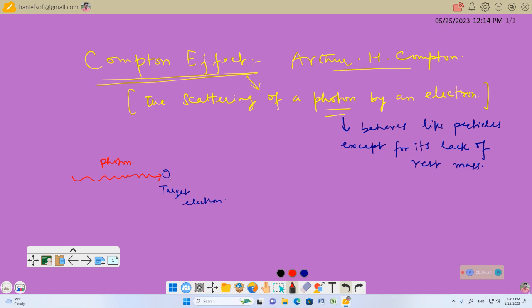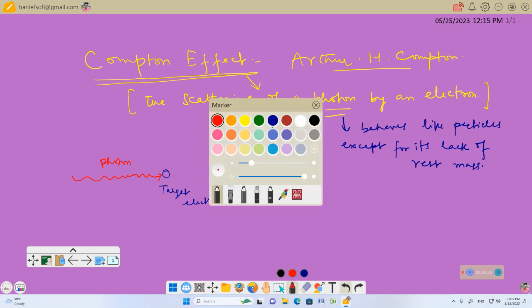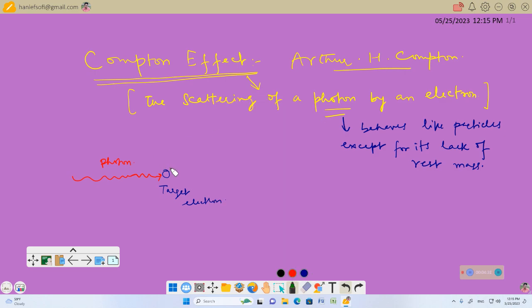When it hits this electron, this photon gets scattered. So let me write here, it is scattered photon. It is my incident photon.